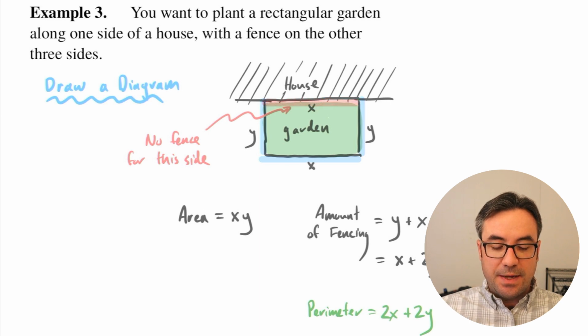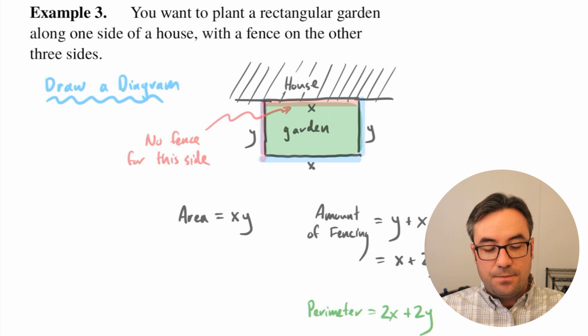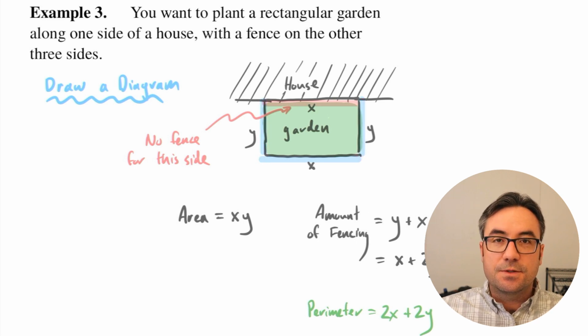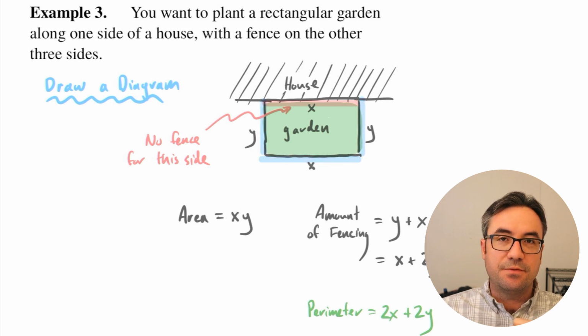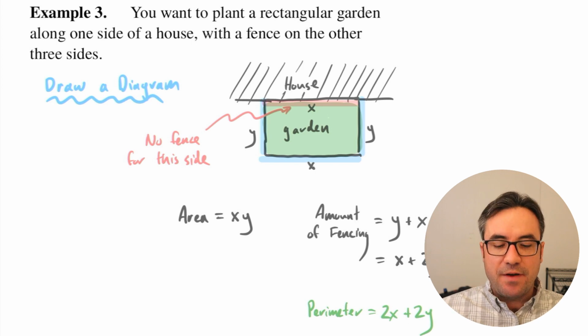So it's going to make sense that this would be our longer side, and the other ones are going to be shorter because both of those are going to need fence, whereas only one side here would need the fencing. So it should kind of seem plausible that this is going to be our longer side because we're taking more advantage of the fact that our house is on the opposite side there.